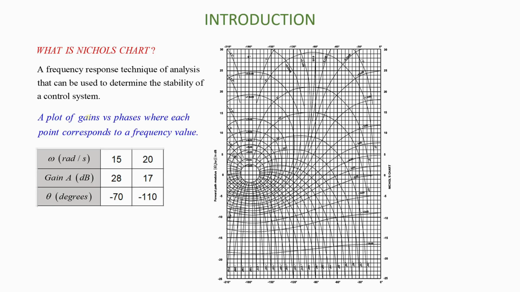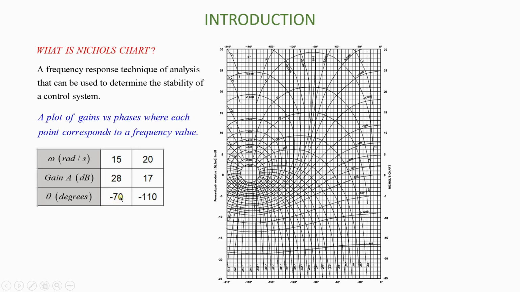So this is the graph paper that you will be given. It's called Nichols chart, and it is on this that you will actually do your plotting. And as I said to you, we're plotting gains against phases. So in this case, if you look, for instance, at this frequency of 15, the gain that you have is 28 and the phase is minus 70 degrees.